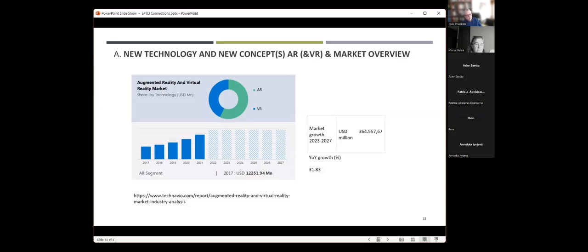Okay, the market is shared about 60 to 40% between AR and VR. So the AR market is about 240 billion in 2027. It's forecast to be that way because AR is a little bit bigger than VR.